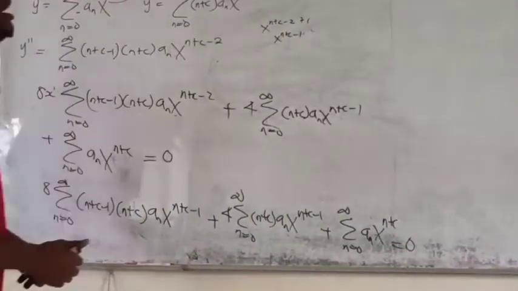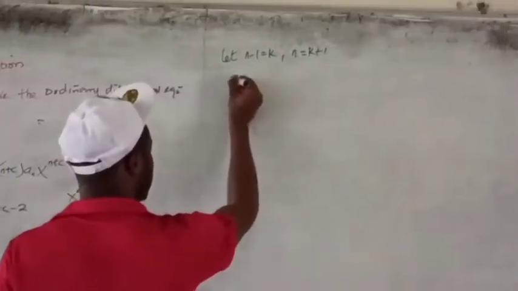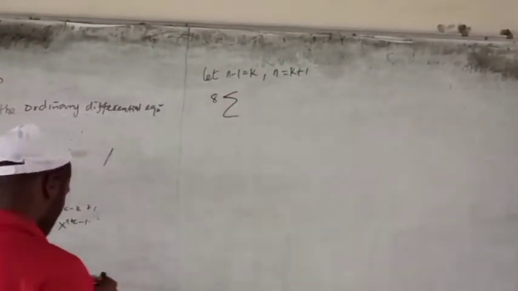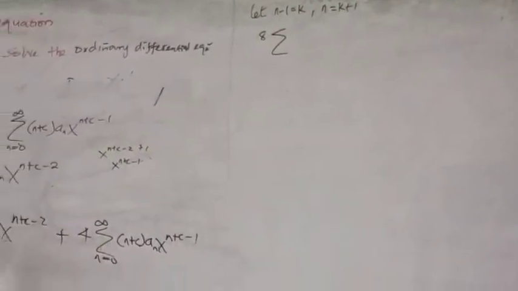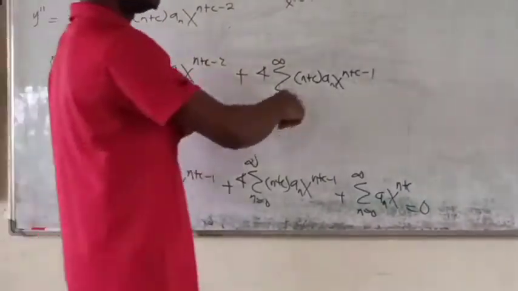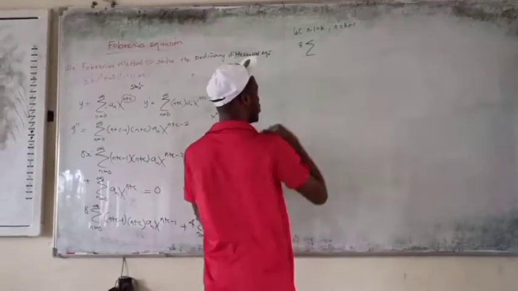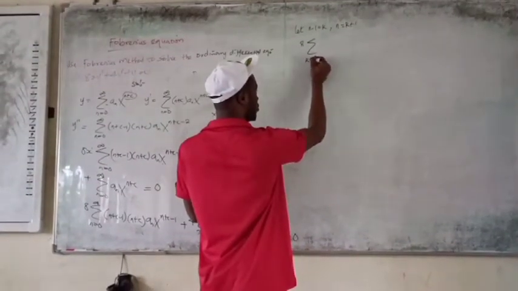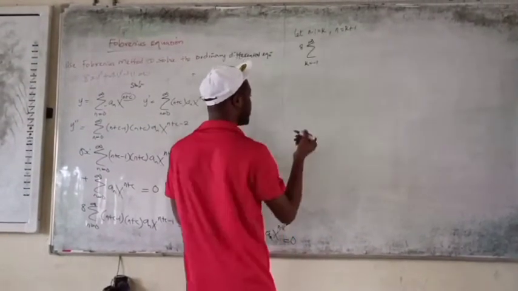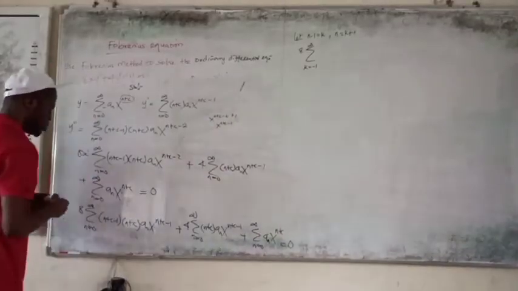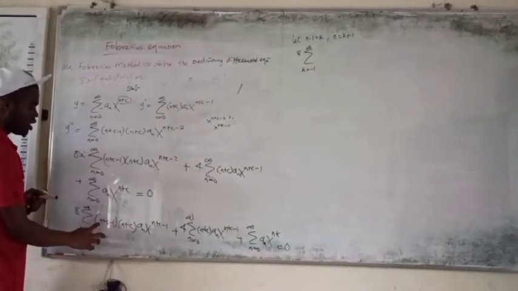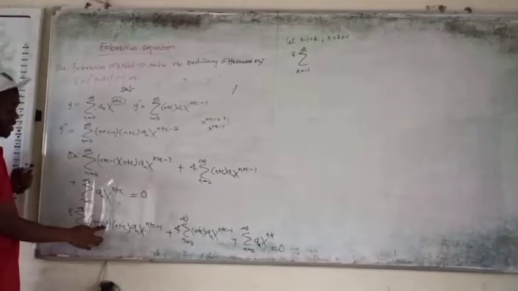So from here, I have the summation, but my n is equal to 0. If n is equal to 0, k is equal to minus 1 to infinity. Now let's go to this place. I have n minus 1, which I know is k.